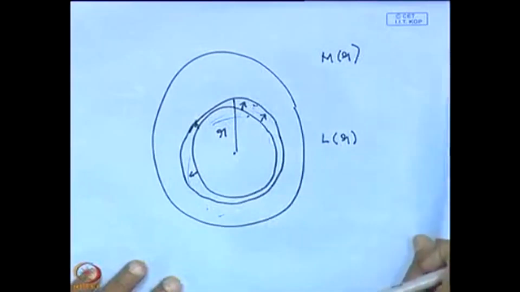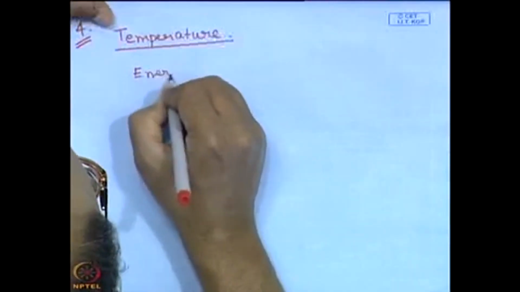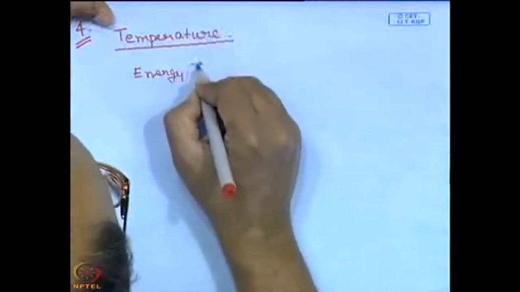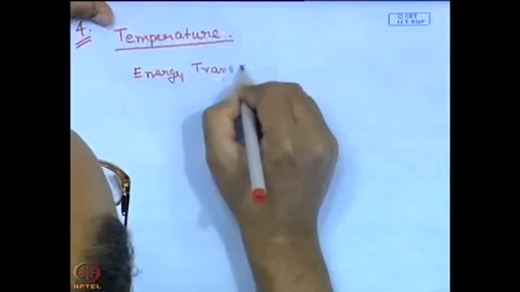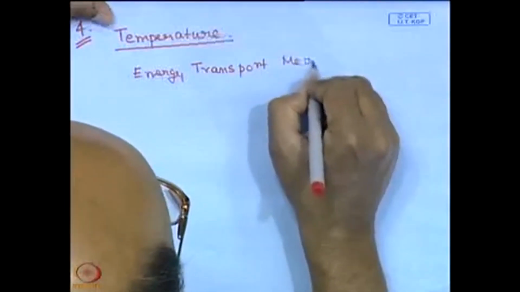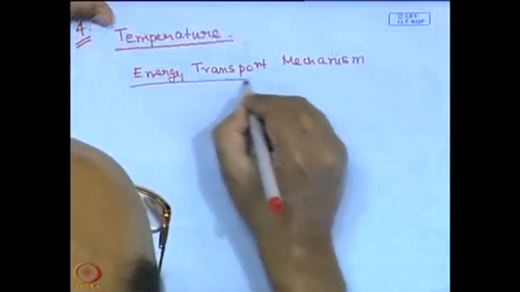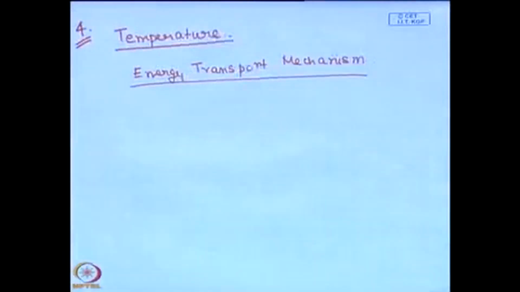Okay, so this is determined by the energy transport mechanism. And there are two energy transport mechanisms that are active inside stars. The first one is radiation. So, you can have radiative transport.